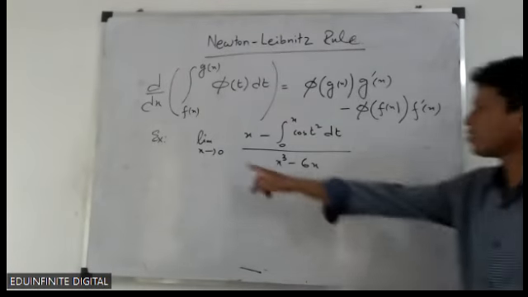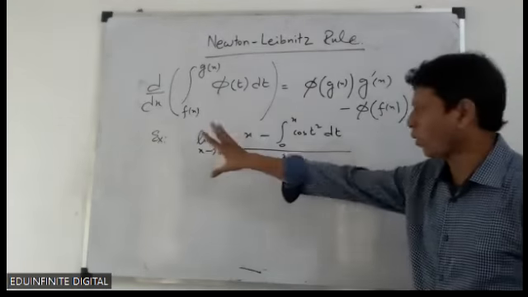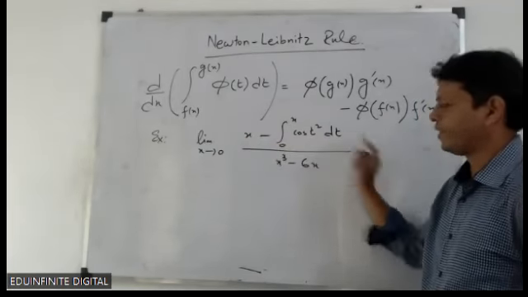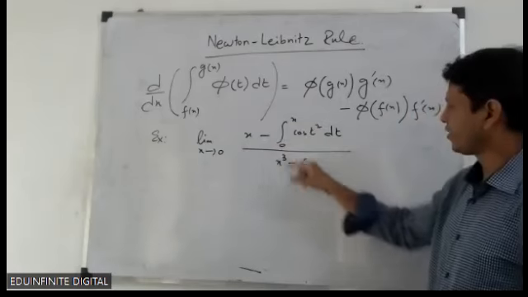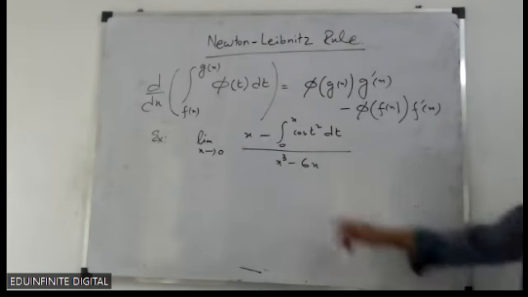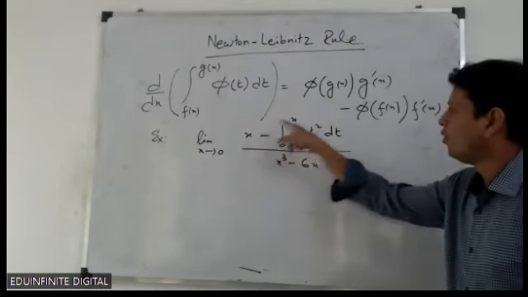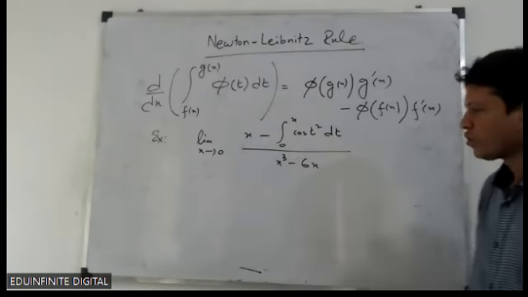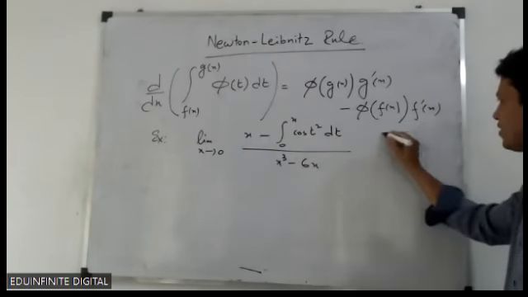Your limit is x goes to 0, it's just a limiting problem. But you see the integral from 0 to x of cos t square dt. It's an integration, and the denominator is 0. Now, if x is 0, the integral from 0 to 0 is 0, and the denominator is 0. So it is a 0 by 0 form, right?